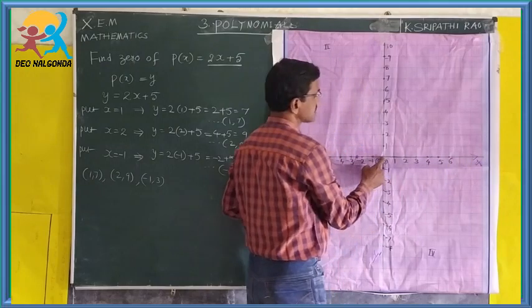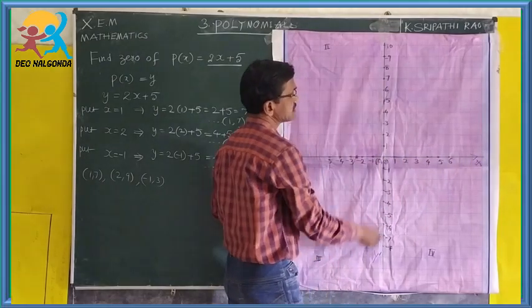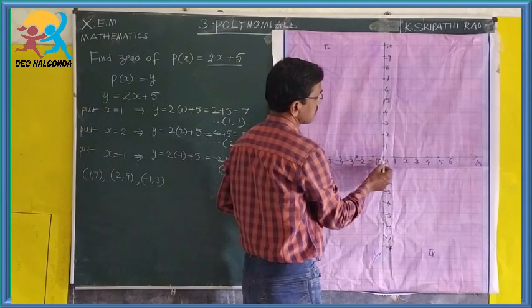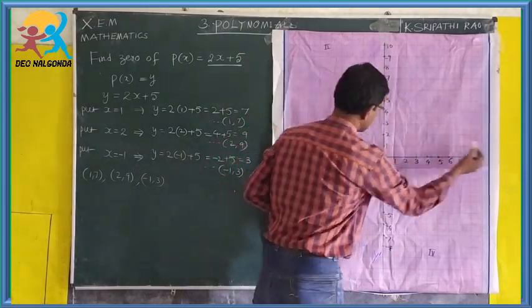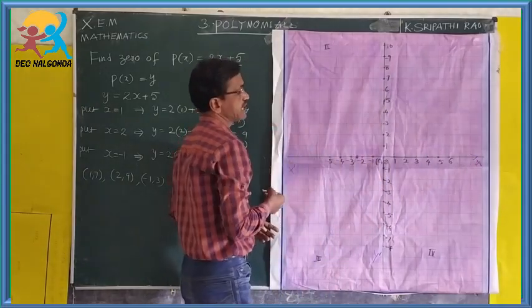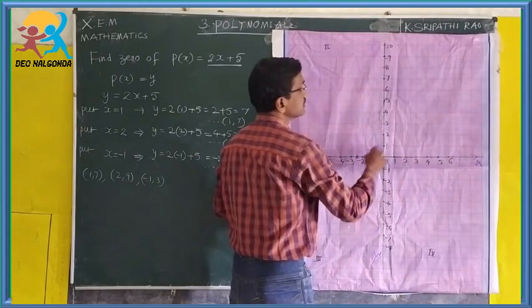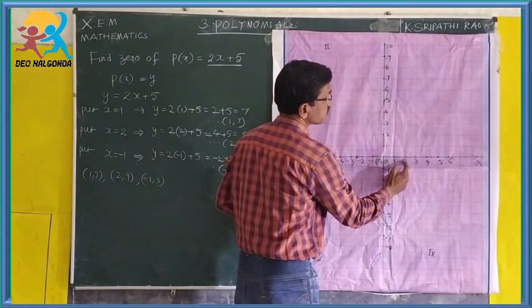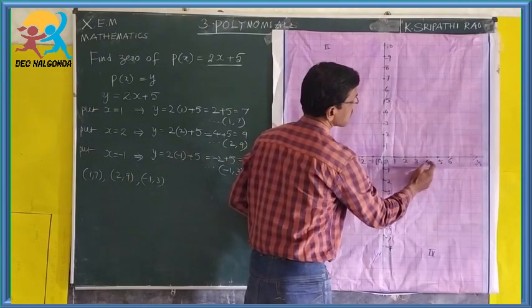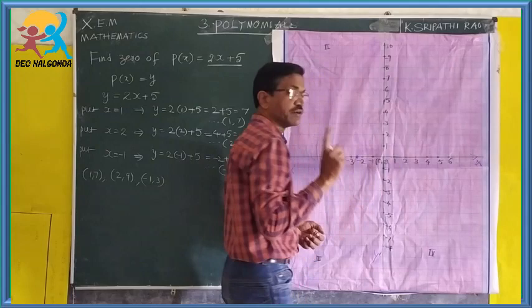This is the point of intersection of the x axis and y axis. This is called the origin. Its coordinates are 0 comma 0, and this is the positive x axis and this is the negative x axis. This length is 1 centimeter, and the difference 3 minus 2 is 1, 4 minus 3 is 1, 5 minus 4 is 1. That means 1 centimeter distance is taken as 1 unit.